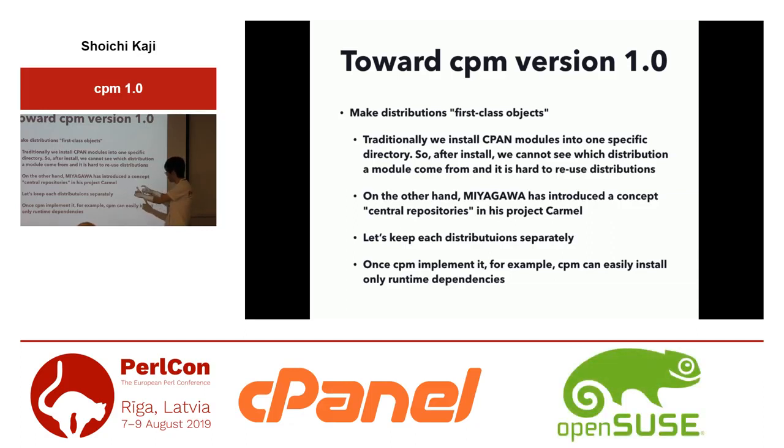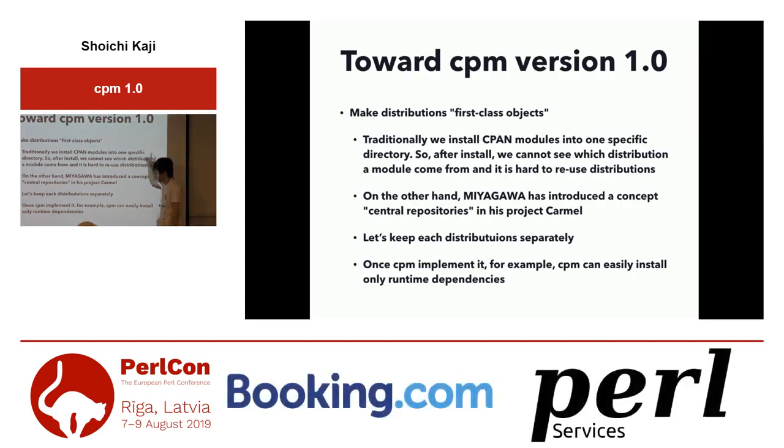Which distribution does this belong to? We cannot answer the question. And if we install into one specific directory, it is hard to reuse distributions. So I don't think this is a good idea.